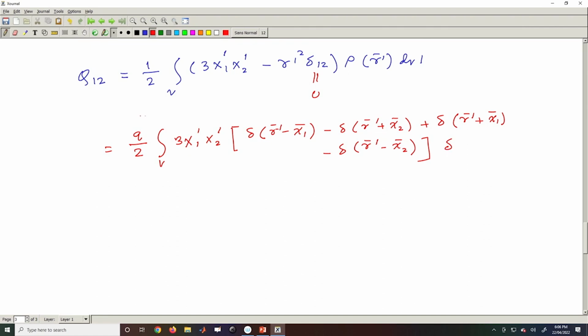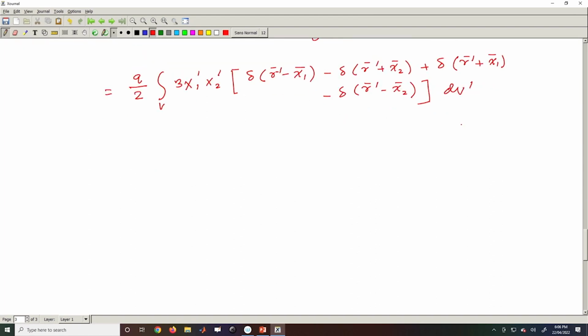Then this is dv, not delta. This is dv'. Okay, so now again I need to just put the value, and if I put this value I should get 3q divided by 2 here, and let us start putting the value.